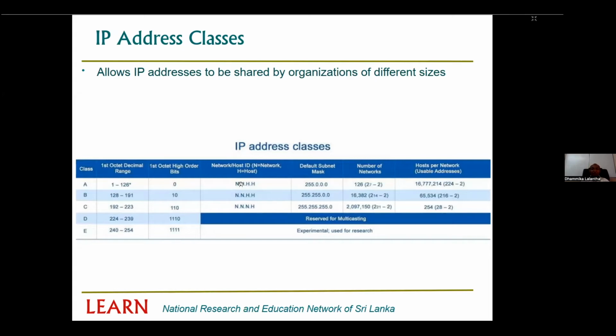So for a class A network, the default subnet mask will be 255.0.0.0.